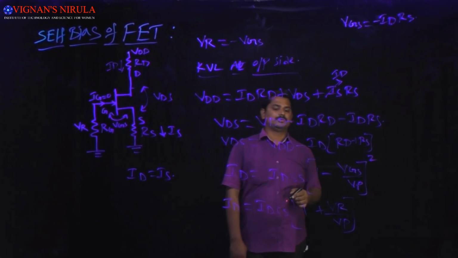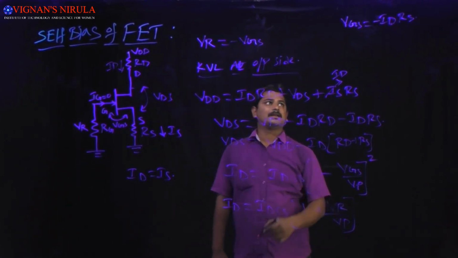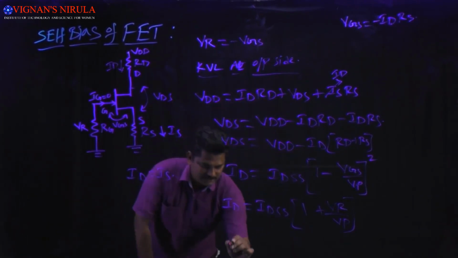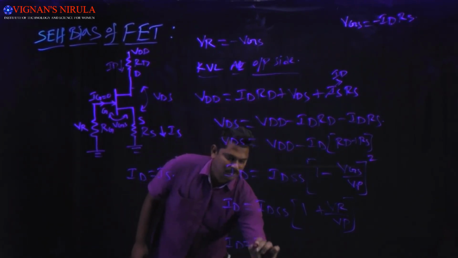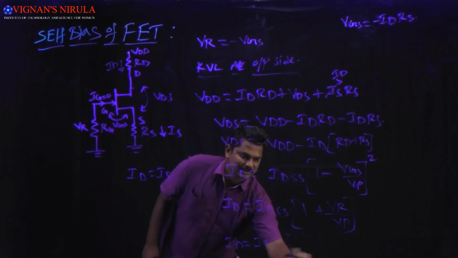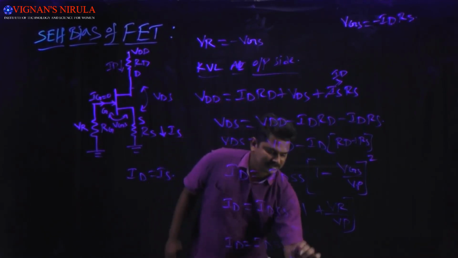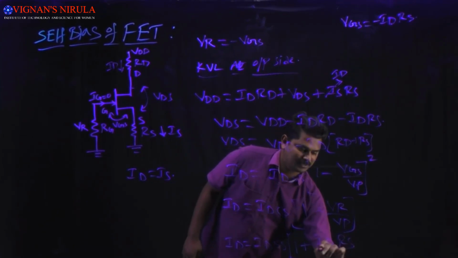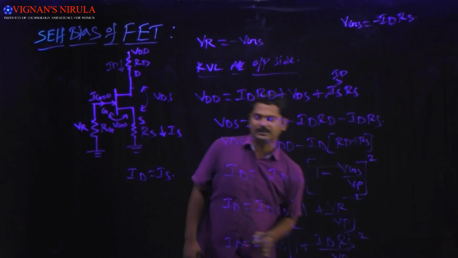So when we substitute the value here, we get the drain current ID equal to IDSS into (1 plus ID into RS by VP) whole square.